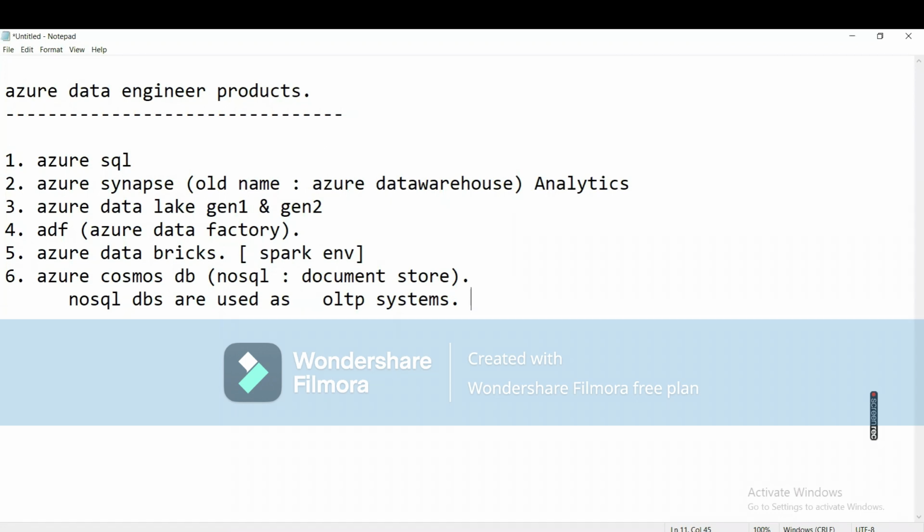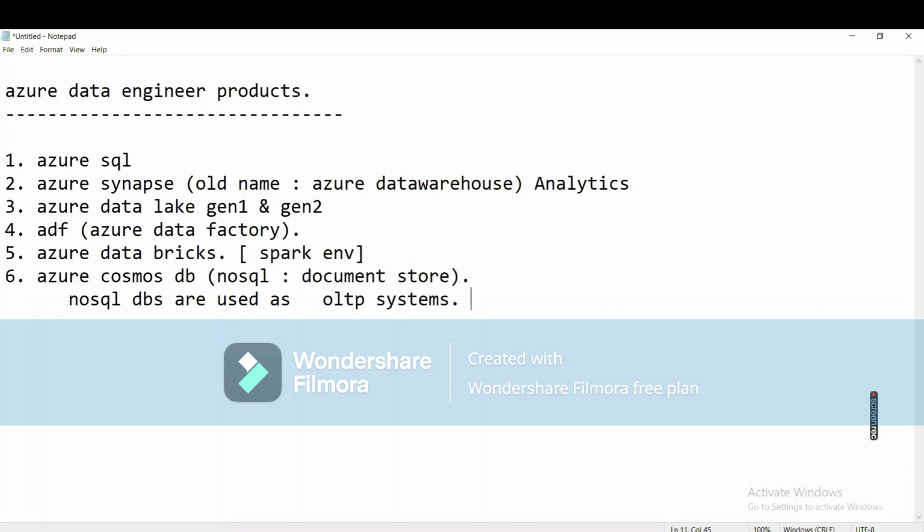Of course, you are an ADF developer, but still you should know how to interact with other data products. So how to create a linked service, how to create a dataset for a Cosmos DB collection, and then how to fetch it and dump it to your data lake or Synapse. All these things you should know.